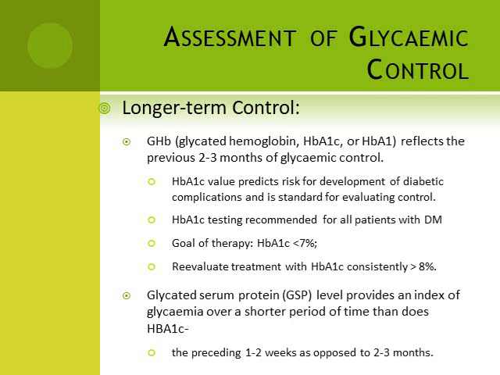In between these values, that is called pre-diabetes. Another test important in the diagnosis of diabetes is HbA1c. The levels below 5.5 are normal. Above 6.5, the patient is diabetic, and in between the two, the patient is pre-diabetic.